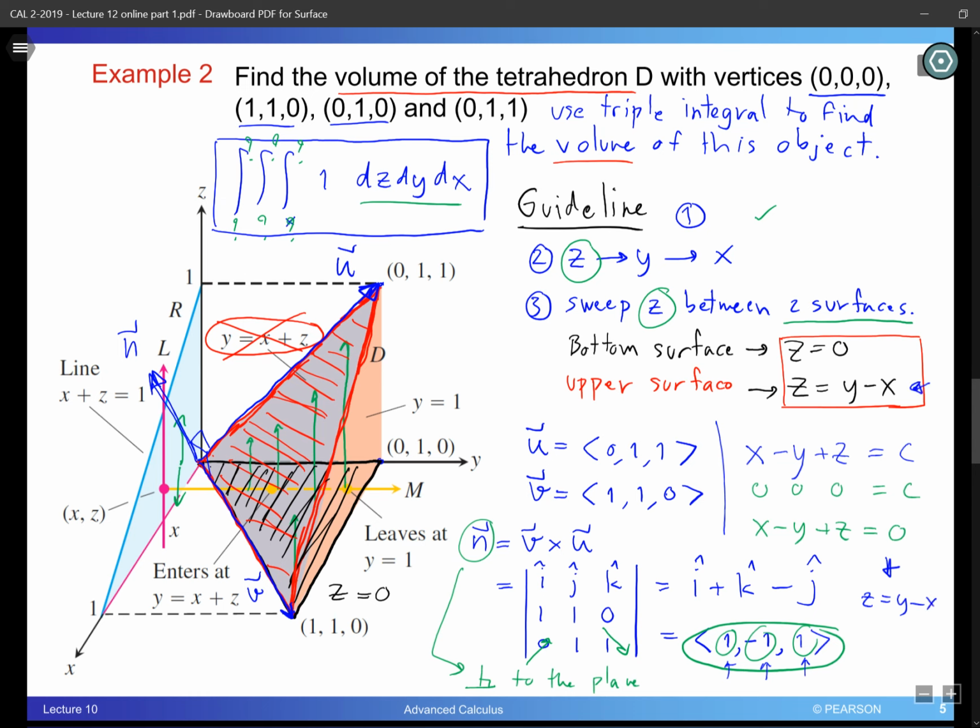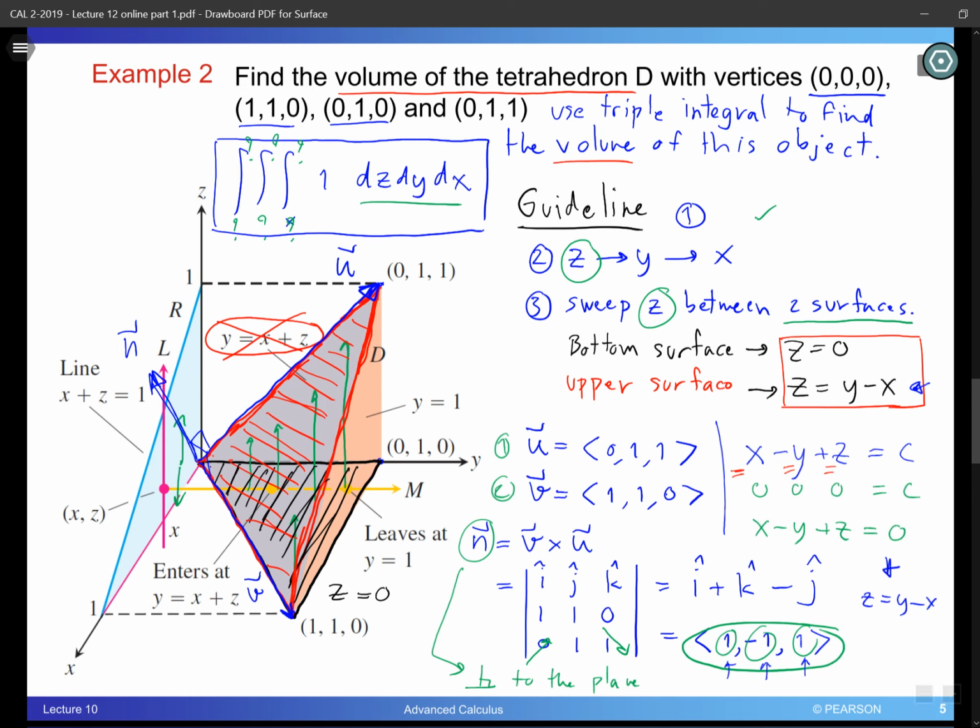So if it's not given to you, you can find it by using two vectors on the plane. One right here, two right here. Find the cross product to find the vector n that is orthogonal to the plane. With vector n, you can use all three of its elements to determine the coefficients in front of x, y, z of the plane. That's why you use 1, minus 1, and 1.